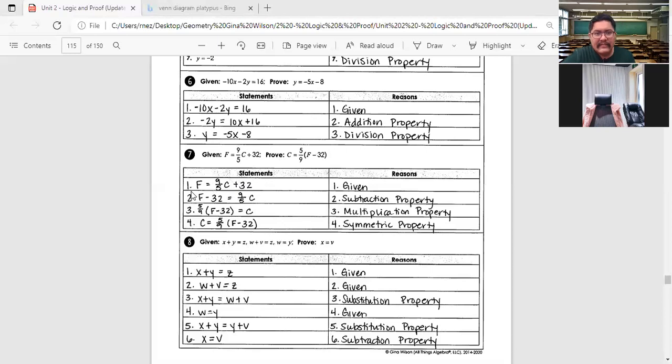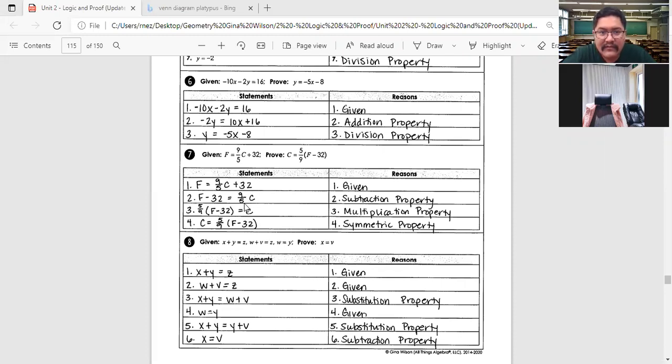Now what happened from step 2 to step 3? So the fraction, see there's a fraction on the C, 9/5. This one would have been a good one to go over together. But what they did was they times everything by 5/9.